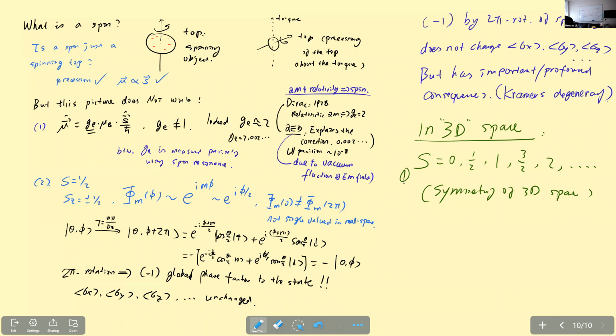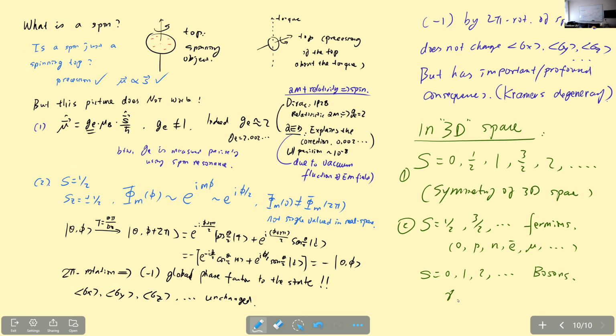This is one thing. And secondly, that means you can have only 2 kinds of particles actually. If S equals a half, 3 halves, and so on and so forth, we get so-called fermions. For example, you have an electron, a positron, a proton, neutron, a muon, and so on and so forth, right? And if S equals integer numbers 0, 1, 2, and so on and so forth, we call these bosons.